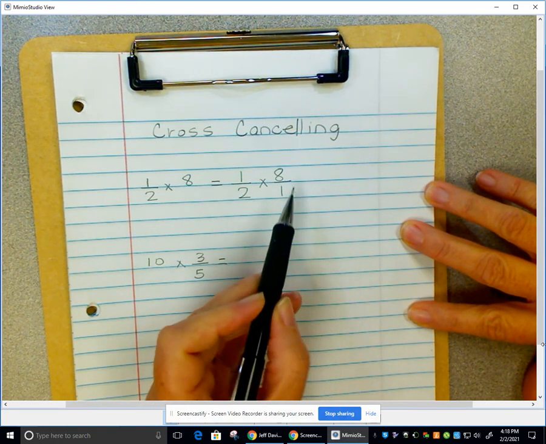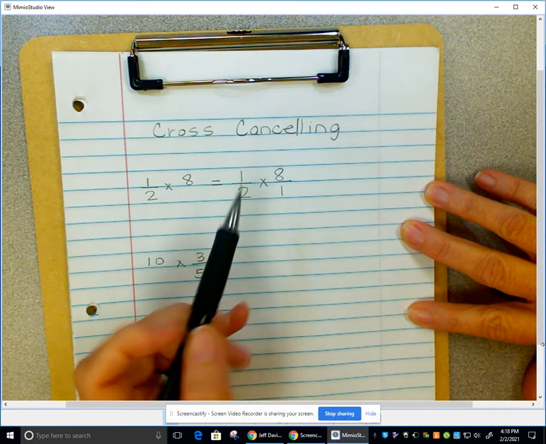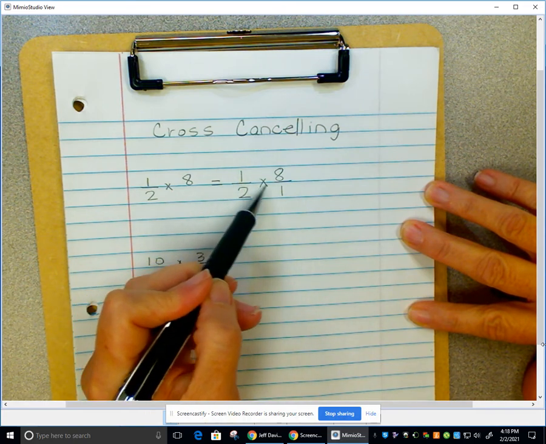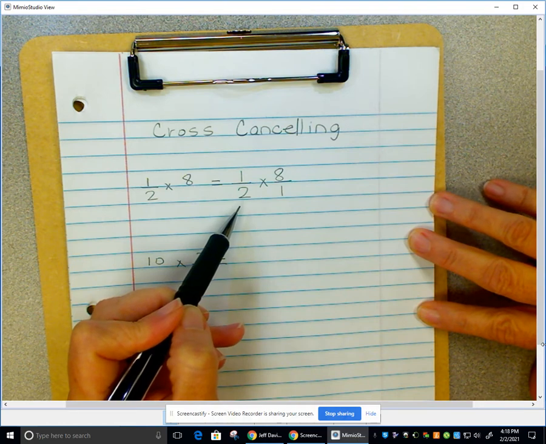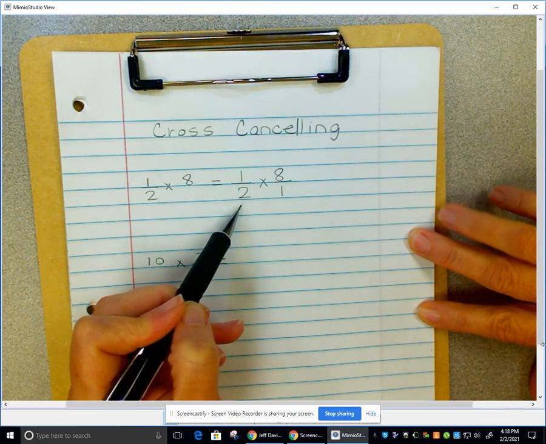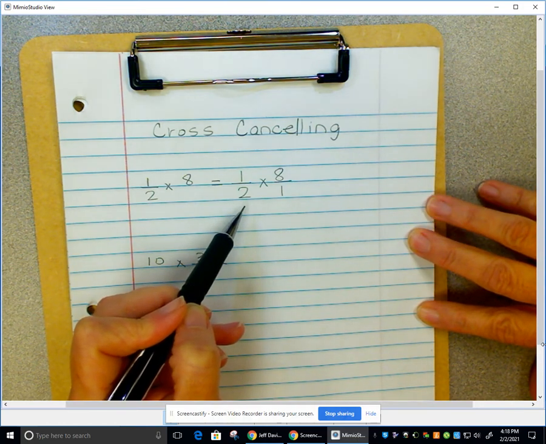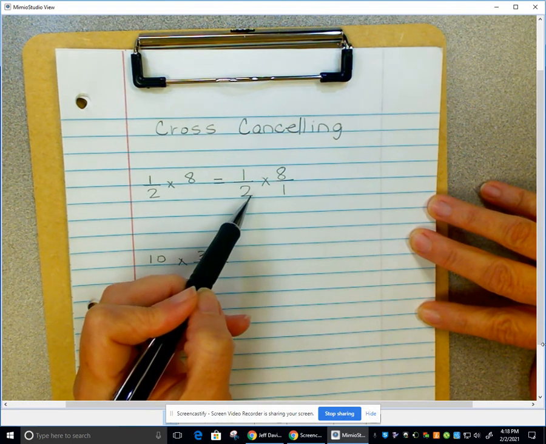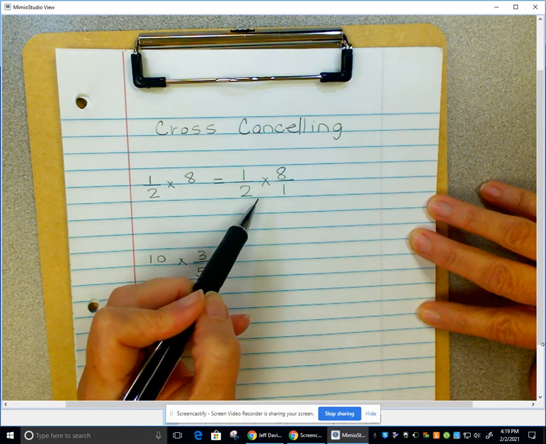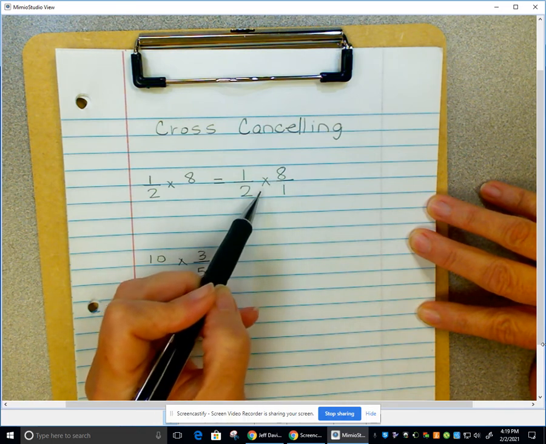What I mean by cross cancel is I'm going to look across on each number and see if I can make these numbers a little smaller. This is not something you have to do, but it will help you a lot if our numbers are large numbers.